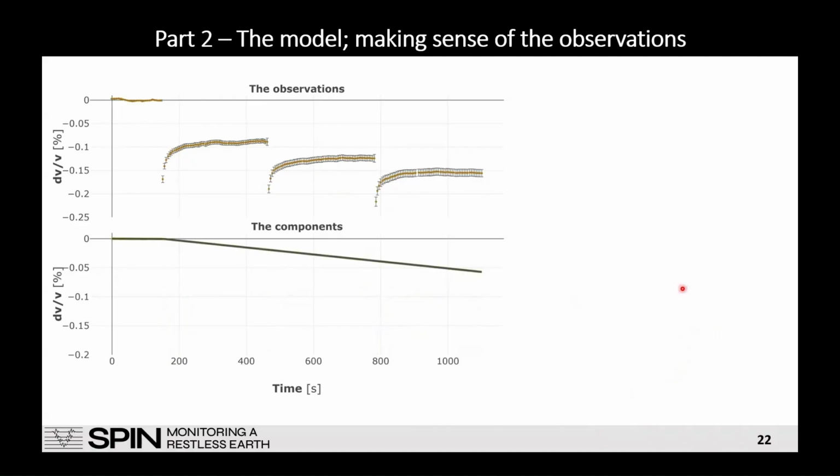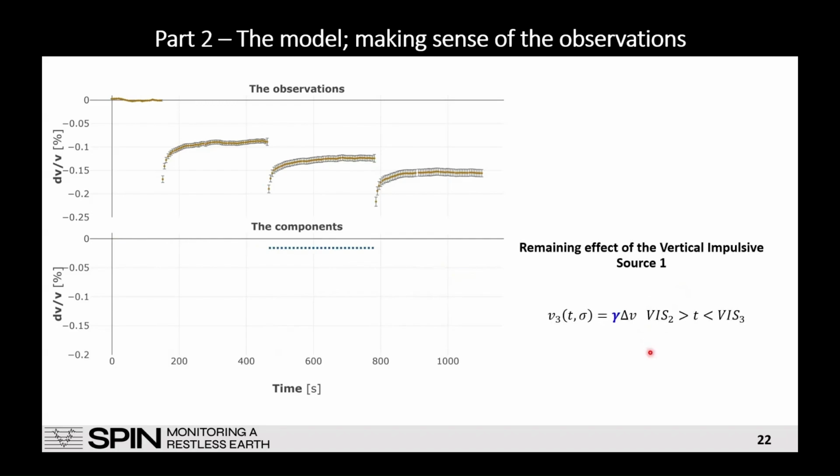The second component is this sort of non-stationary linear effect that is evolving through time in a linear way, and we aim to obtain the slope of this linear effect. The third component is the remaining effect of the first hammer hit.